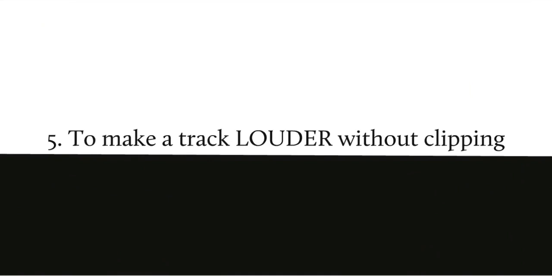Okay, and number 5, to make a track louder without clipping. Now, this gets at what we were talking about with that very quiet vocal. We use compression to bring that up in volume. Well, you can do that to the entire mix itself. So you're taking an entire mix and you're turning everything down and compressing it, and once you've squashed it and turned it down, you're bringing that overall level back up to a nice loud level.